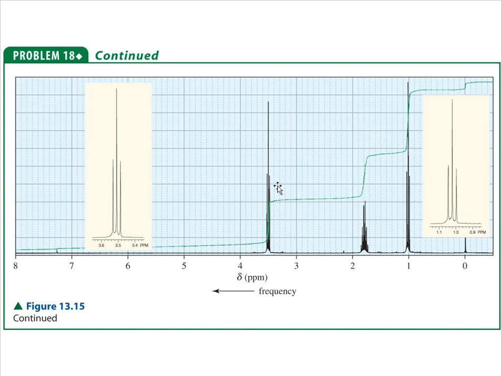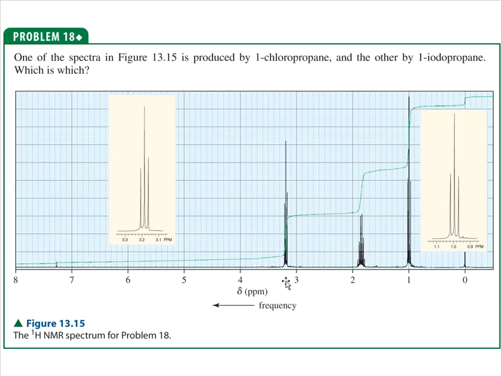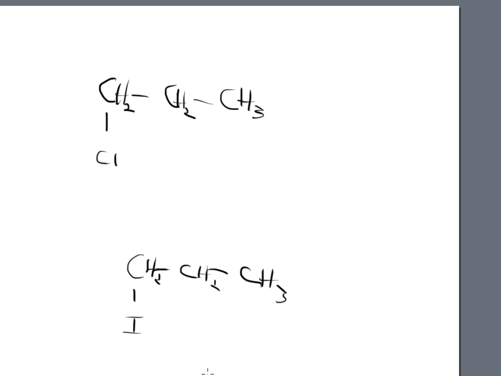So here's an NMR with 3 signals, and then there's an NMR with 3 signals. The number of signals is not going to help me here, like it has in the past. We've done some of these examples, but they've all been different, and this one's the same. This carbon has a proton that's on a chlorine.